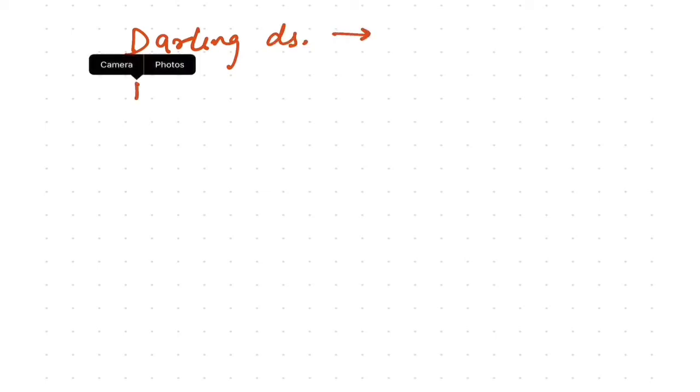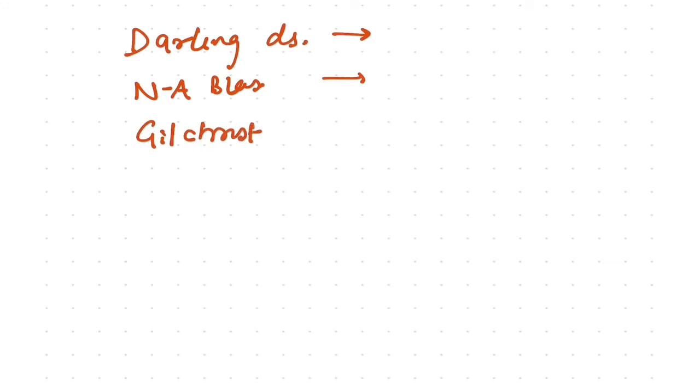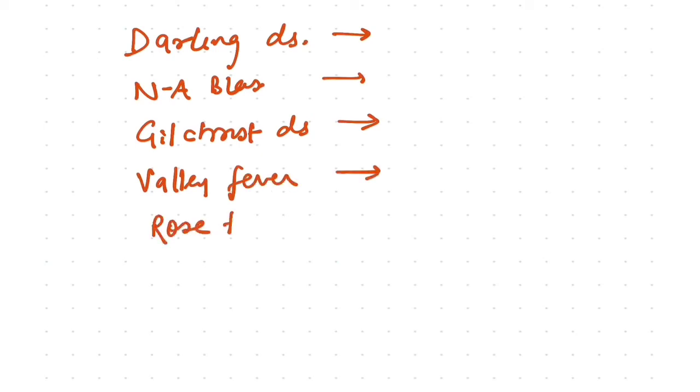Okay, I hope you have understood now. So let's quickly see: what was Darling disease, what was North American blastomycosis, what was Gilchrist disease, what was valley fever, and what was rose thorn disease.